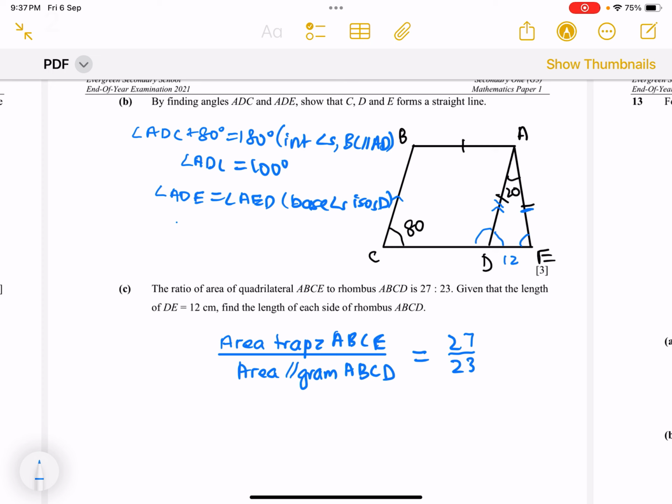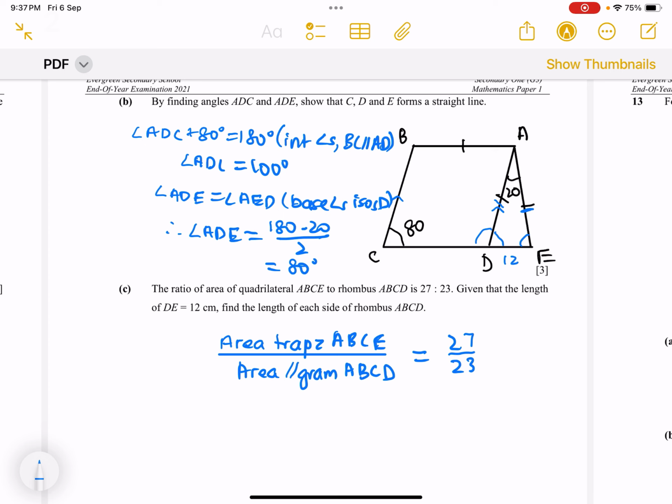Therefore, we can say that angle ADE is actually 180 minus 20 divided by 2. And that gives us 80 degrees. Right?